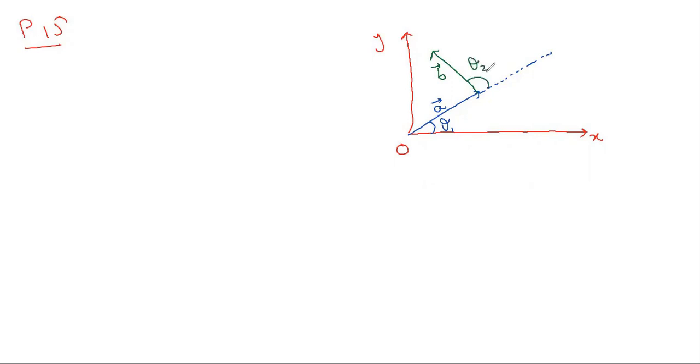That is the angle which vector B makes with the vector A. Okay, so it is given that both vectors are of equal magnitudes, that is A equals 10 equals B, and the respective angles are theta 1 equals 30 degrees and theta 2 is 105 degrees.